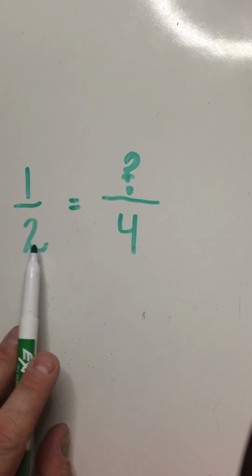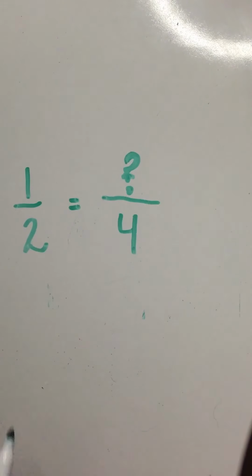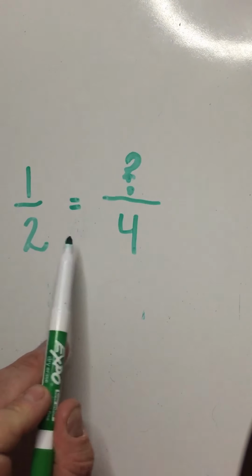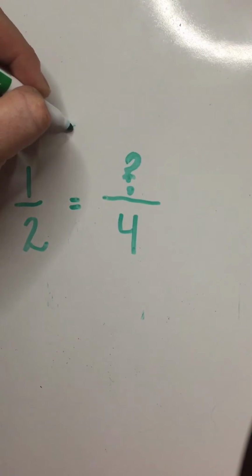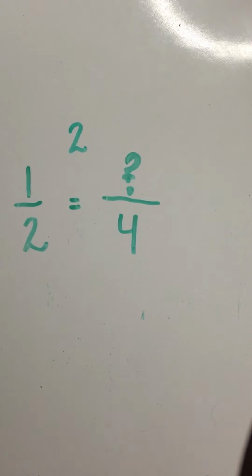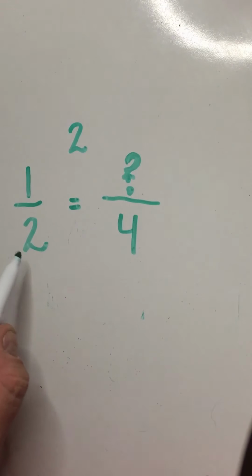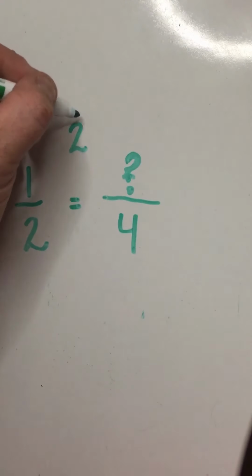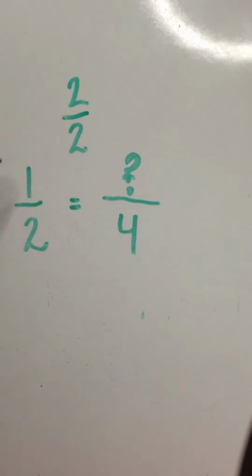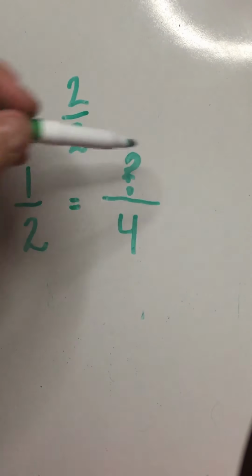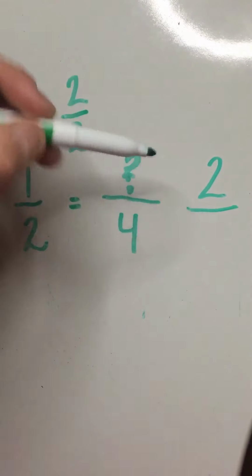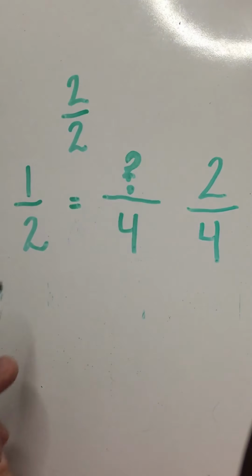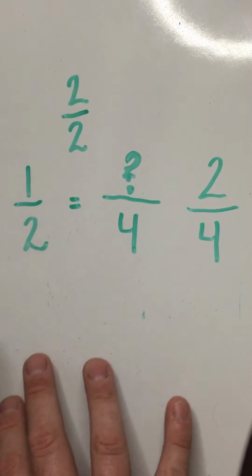If I had 2 here and a 4 here, I want to know 2 times what will get me 4. Hopefully you said 2. If I did it to the bottom, I have to do it to the top. So 2 times 2 equals 4. So 1 times 2 is going to equal 2. So 1/2 equals 2/4.